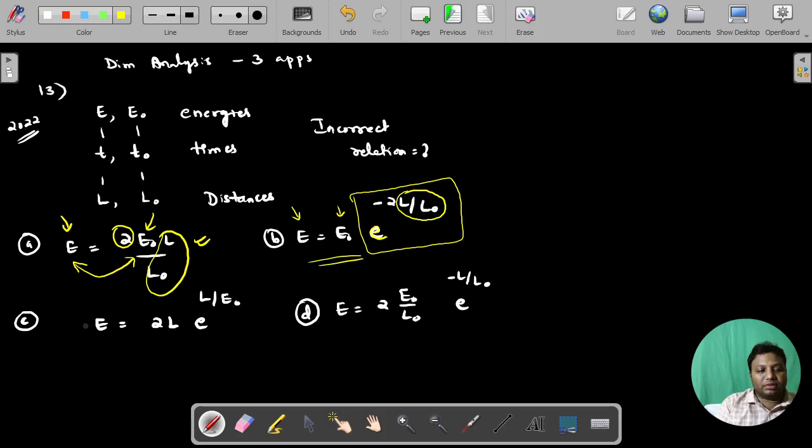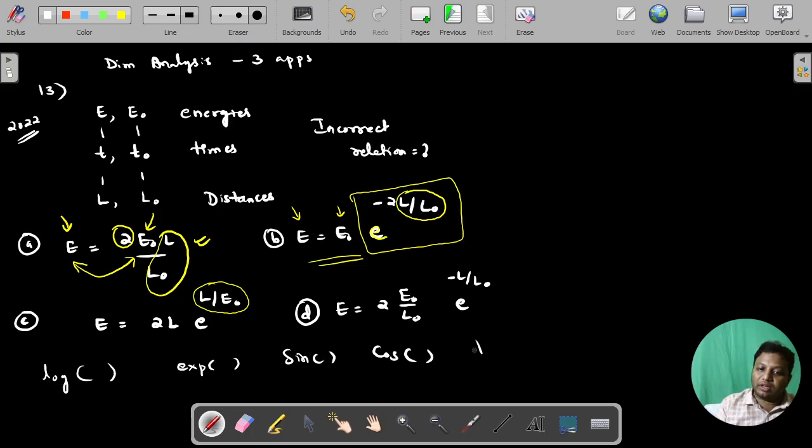Then see the C option. E power L by E naught is given. L by E naught is not a dimensionless quantity. One rule we follow in this chapter is, if you are writing log of something, exponential of something, sine of something, cos of something, tan of something, whatever you are writing inside the brackets should be dimensionless.